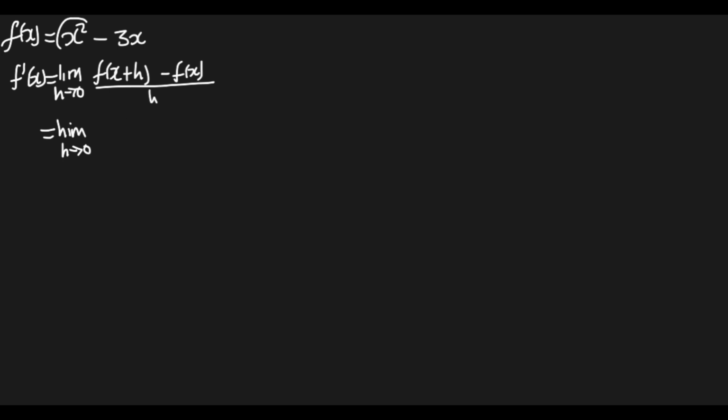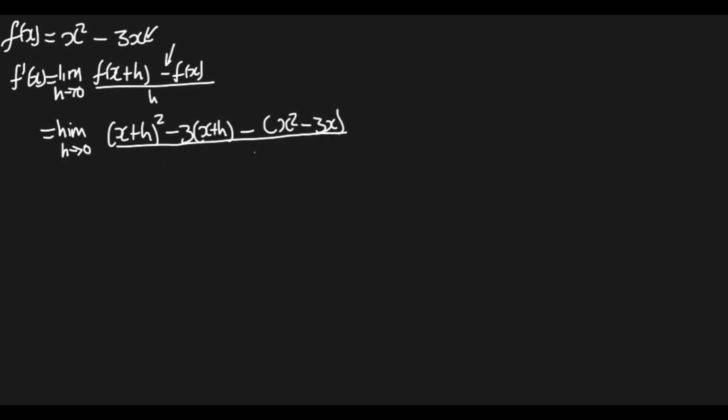So we can see that here we have x squared, so we are going to have x plus h, then squared, minus 3 times x plus h, then subtract f of x, which is x squared minus 3x, over h. Then from here we are going to expand.